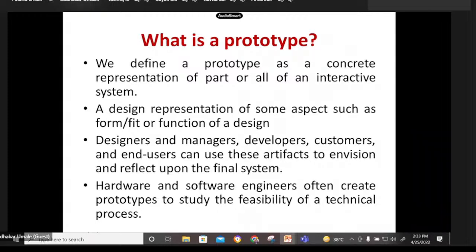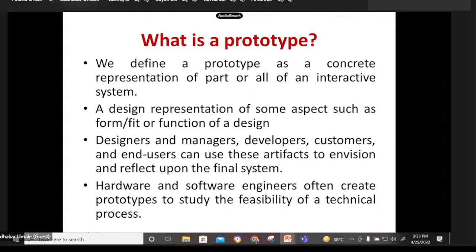Why do we require this prototype? It gives ideas to designers, managers, developers, customers, and end users, who can use these artifacts to envision and reflect upon the final systems.